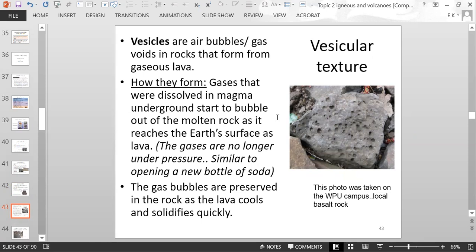So this would be like opening a new bottle of soda and then instantaneously freezing the soda. You would end up with a lot of air bubbles in the frozen soda. And here is a photo of a rock with vesicular texture, and this was taken on the William Patterson campus.